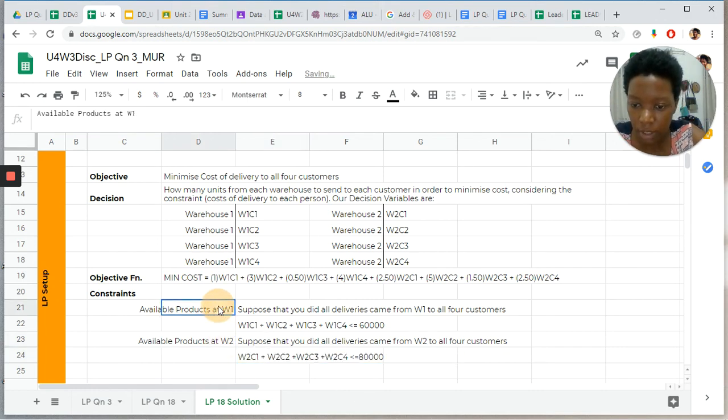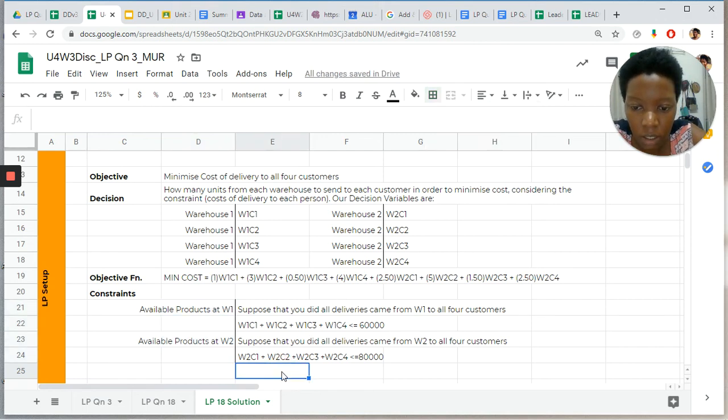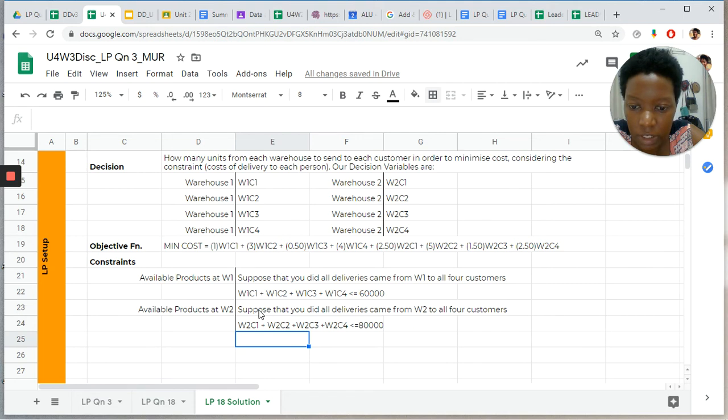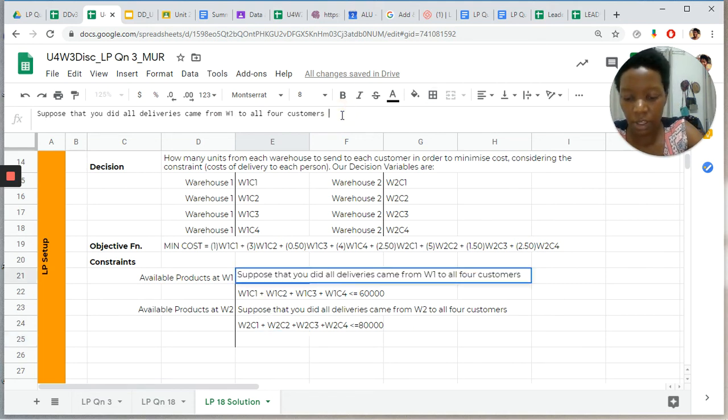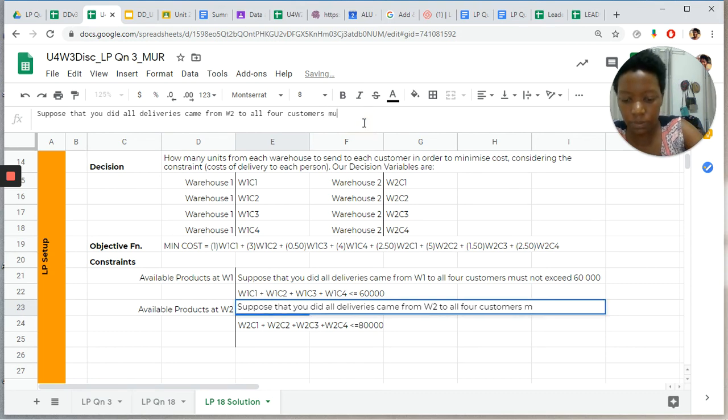Okay, so that's my first 2 constraints around my warehouse capacities. These are just explanations so that you understand what I was doing. Maybe let me add here that it must not exceed what's available. Same here.